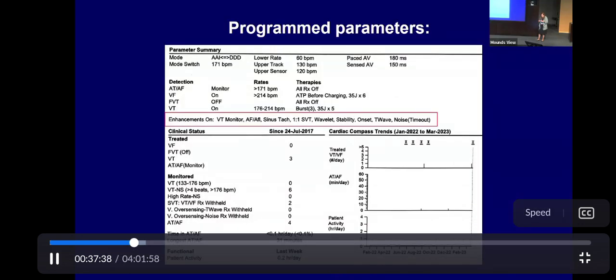So this device came in, the patient came into the ER, and this is how they were set. This is showing you that the enhancements on this device are intentionally programmed with stability on and sudden onset on, and T-wave noise time, and plus the other program parameters that you see there.